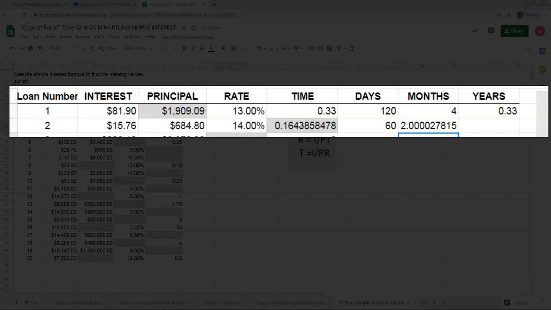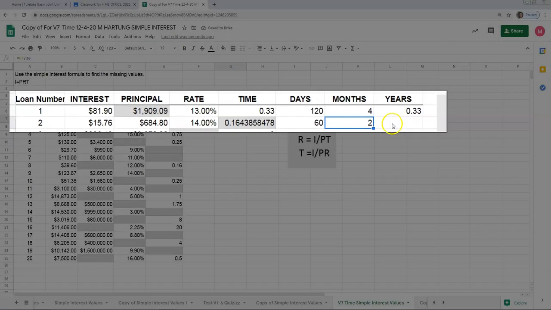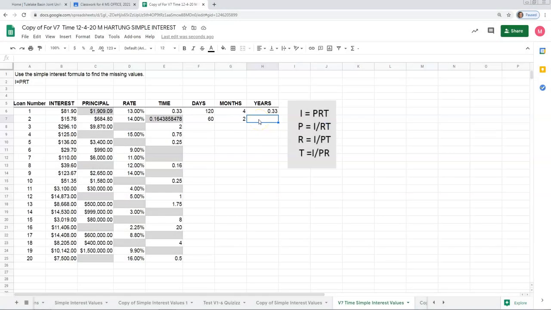And we get the same answer, about 2 months. Number of years, and we will go ahead and round that value down to 0.16 years.